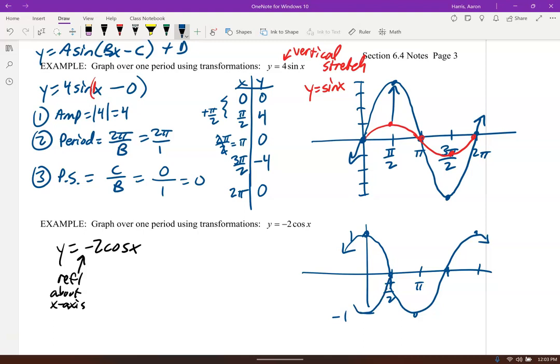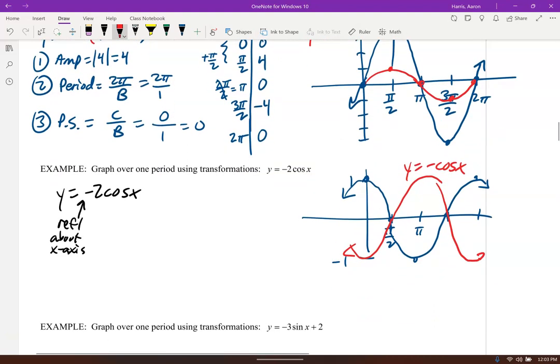So here it is flipped around. I'm going to do a different color. Flip it around. Here's around the x-axis. Okay, here's y equals negative cosine x. But then I got to stretch it out. So I'm going to have an amplitude of 2. So let me do that in black. So it'll actually be more like this. That's what we're expecting to see.